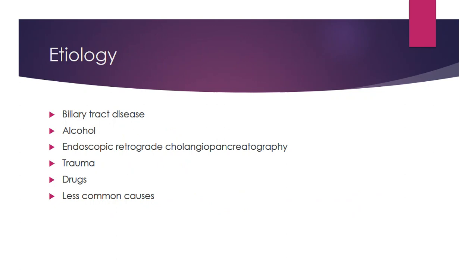Alcohol use is a major cause of acute pancreatitis, accounting for at least 35% of cases. At the cellular level, ethanol leads to extra intracellular accumulation of digestive enzymes and their premature activation and release.